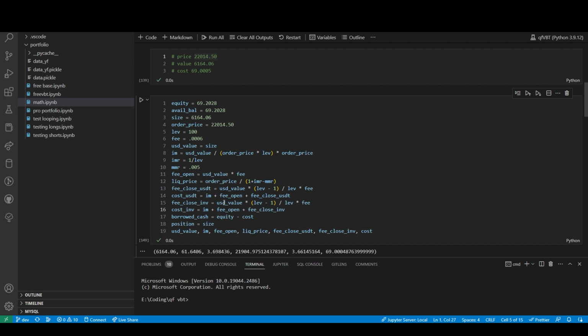All right, so we have our USDT. So the inverse says quantity of contracts divided by bankruptcy price. So it would be USD value times leverage divided by leverage plus 1.